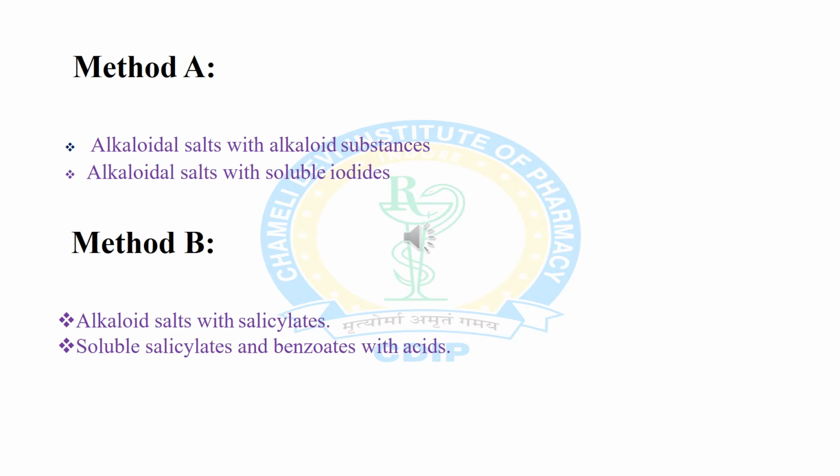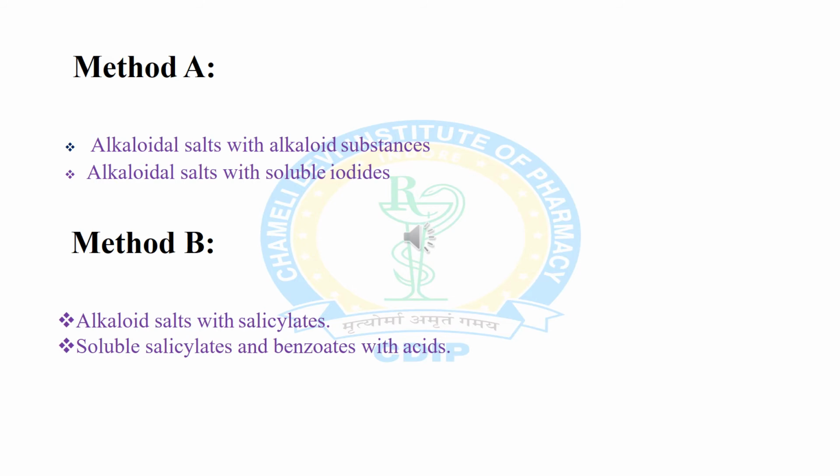For example, chemical incompatibility will occur when an alkaloidal salt with an alkaline substance is prescribed in the formulation. Alkaloids are weak bases and almost insoluble in water, but alkaloidal salts are soluble in water.